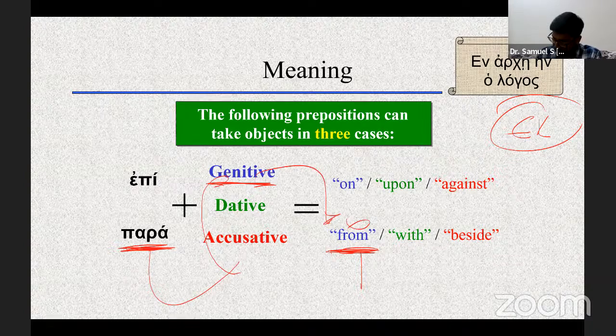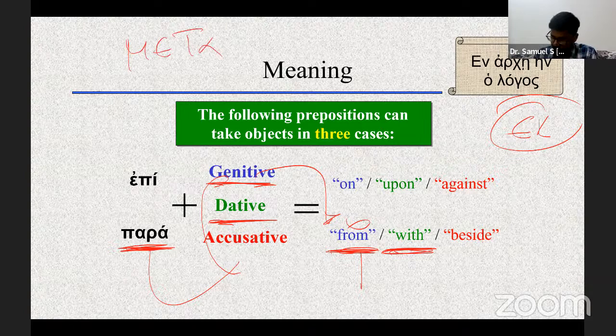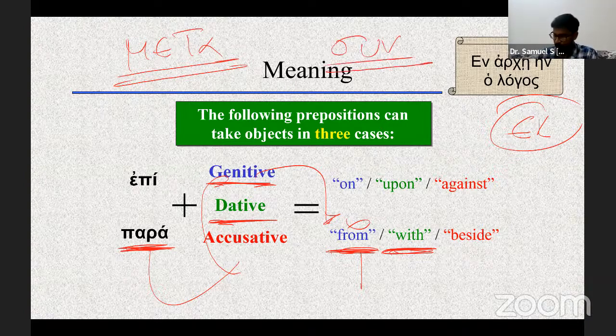Right? Para plus the dative is with. What was the preposition that has the idea of with? Meta. Yes, meta is with. Meta is either with or after. But we also have soon. Soon is also with.